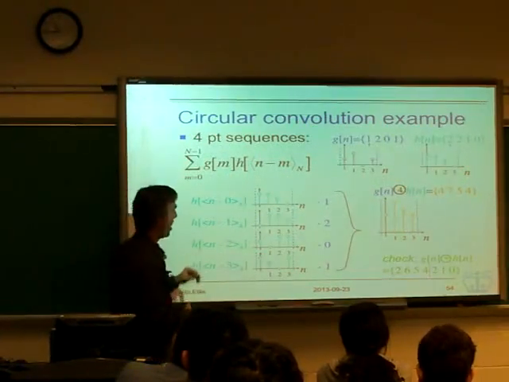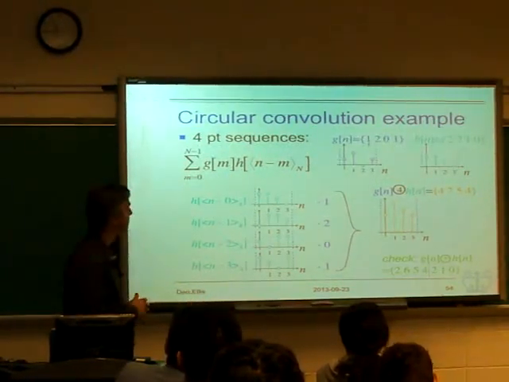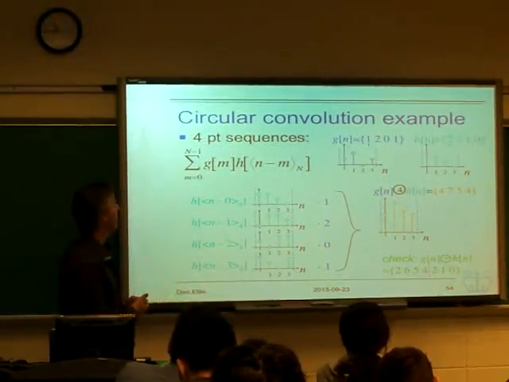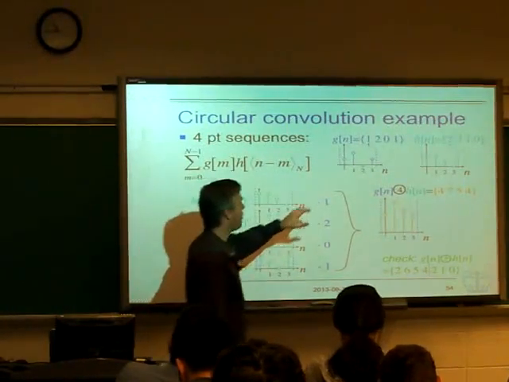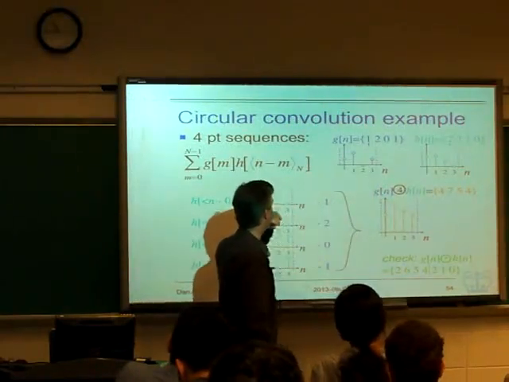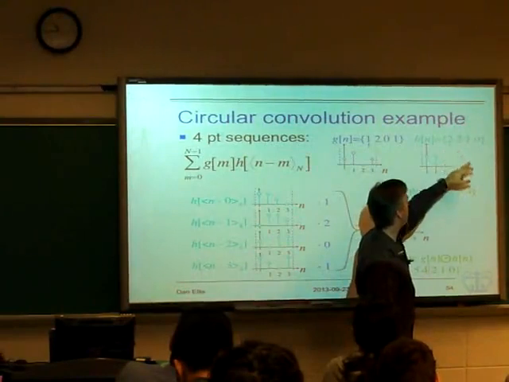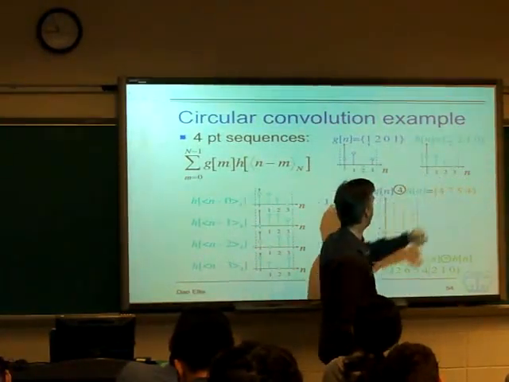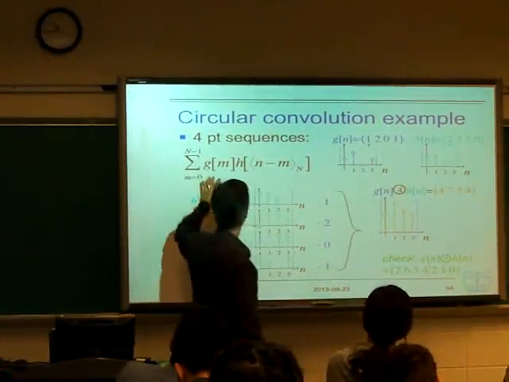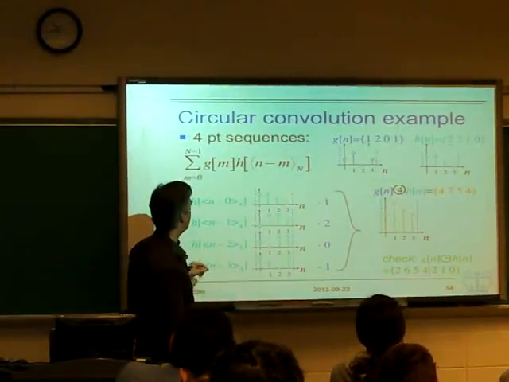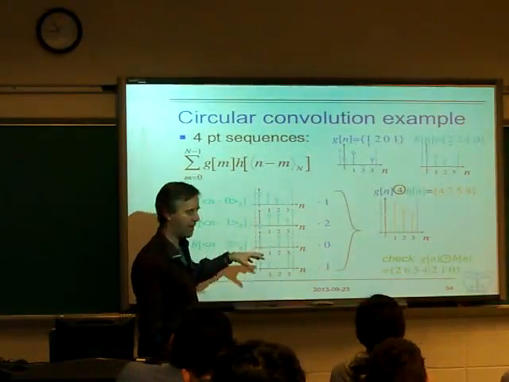So let's check that we understand the circular convolution process with these two 4-point sequences. g of n is 1, 2, 0, 1. h of n is 2, 2, 1, 0. Here are the plots of those two, and here's our circular convolution expression. We had a couple of ways of thinking about convolution.